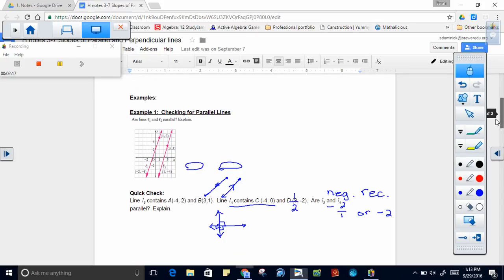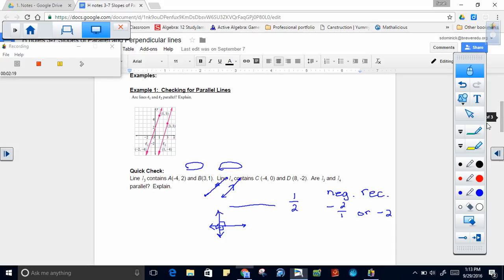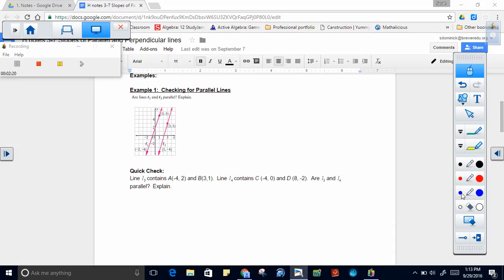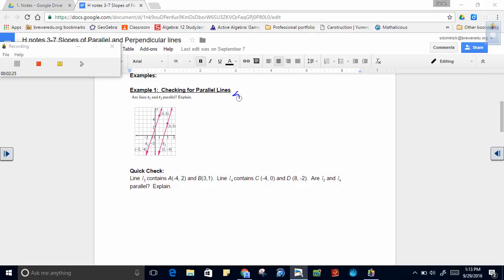Moving on in your notes. Example 1 is just checking for parallel lines. Remember, parallel lines means that they have the same slope. So I just need to check to see if the slopes are the same. Here, to find the slope of these lines, I would want to make sure I could find 2 points. So here's a point, -2, -4, and 1, 5.